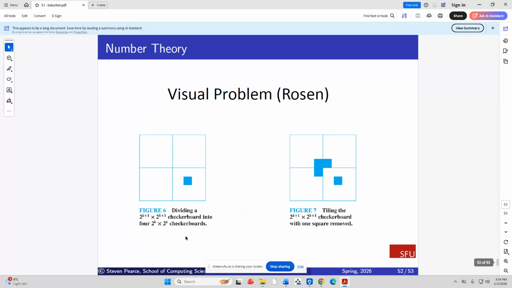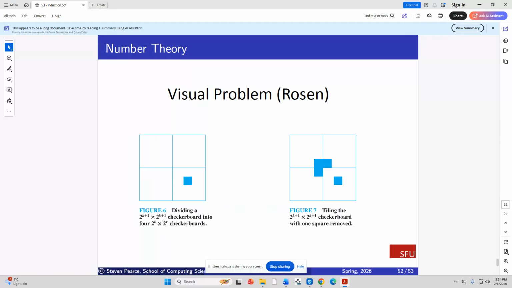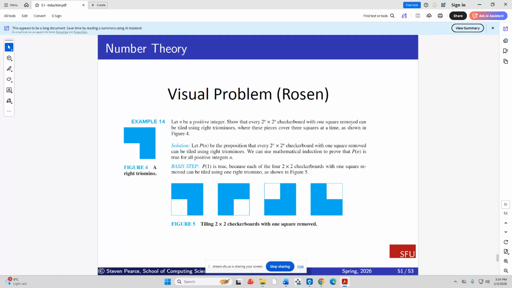Now you go to the next one: 2 to the k plus 1 times 2 to the k plus 1, instead of 2 to the k times 2 to the k. From this we can go up a factor of 2. Remember, you have to have a defective checkerboard with one square removed, like this.